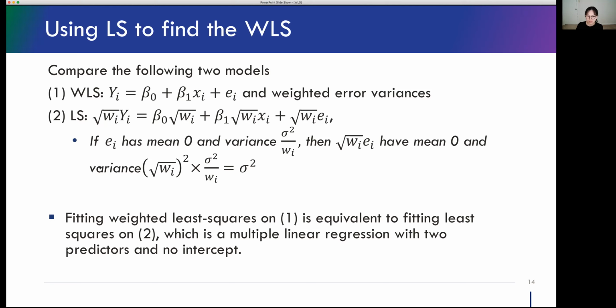So this is the link between weighted least squares and least squares. We can use the least squares model to find the weighted least squares model. Basically, fitting the weighted least squares on 1 is equivalent to fitting the least squares on 2, which is a multiple linear regression with 2 predictors and no intercept.